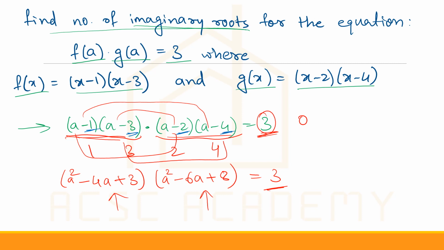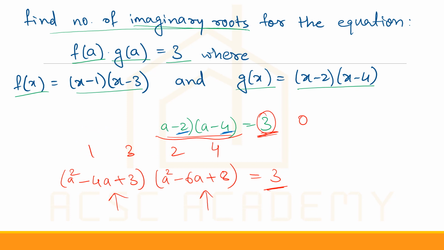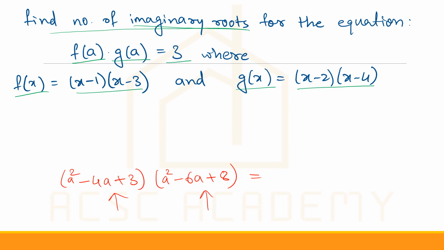So let us try to multiply, take these two together and these two together, and let us see if it converts into some better format. So let us shuffle the terms, take them alternately, and then see what we get out of it.